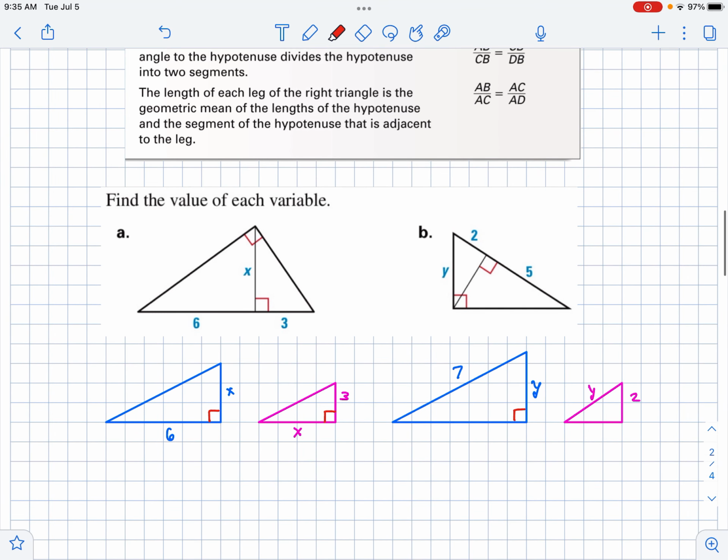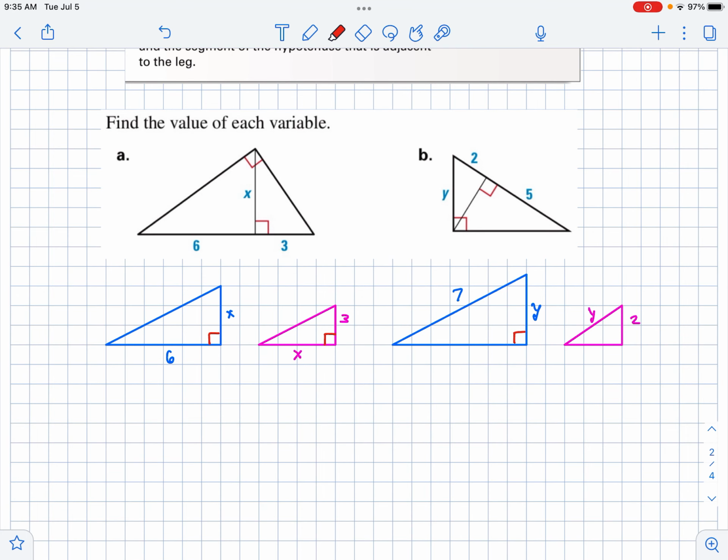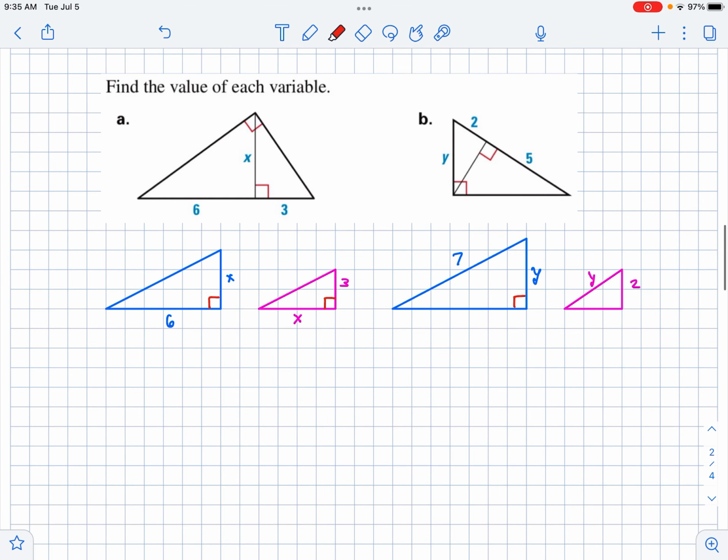Now let's go down here and look at an example. Find the value of each variable. First of all, we'll look at A. I went ahead and wrote my similar triangles here. So notice what you have here: 6 is to x what x is to 3.